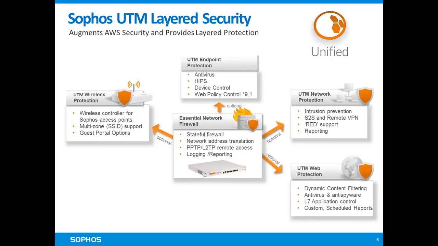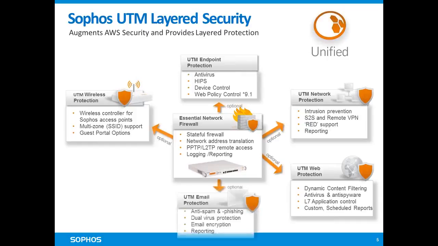So we may want to understand the applications that are in use, control things like BitTorrent so people can't download copyrighted material from these virtual desktops, make sure they're protected from malware, and maybe use standard content filtering to get a handle on what kinds of websites and categories are allowed.